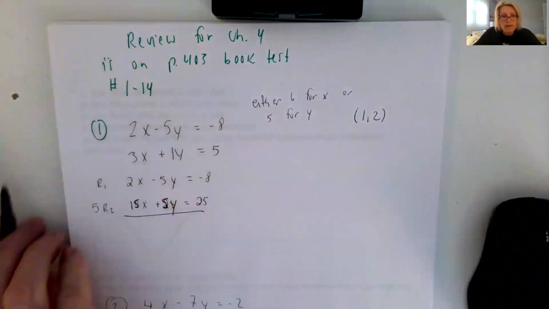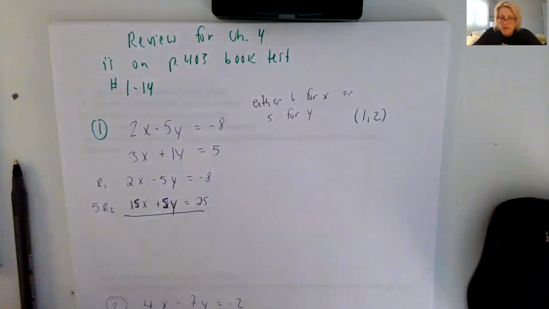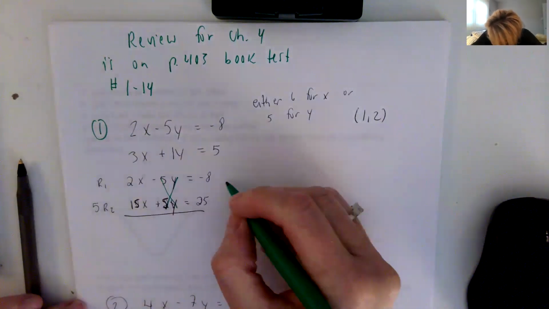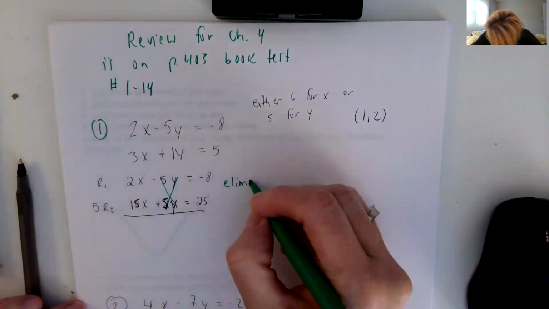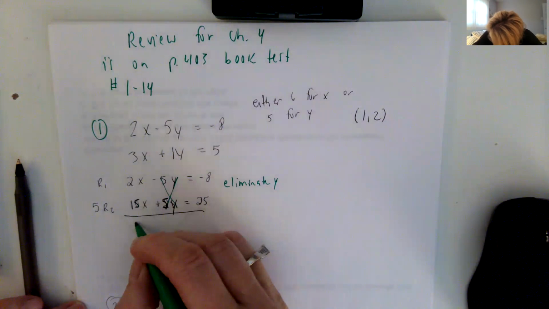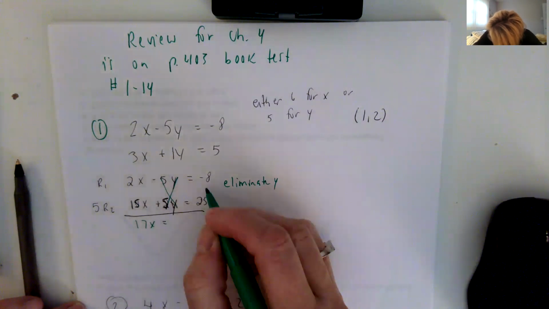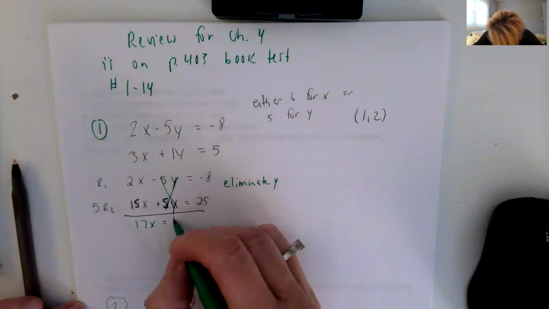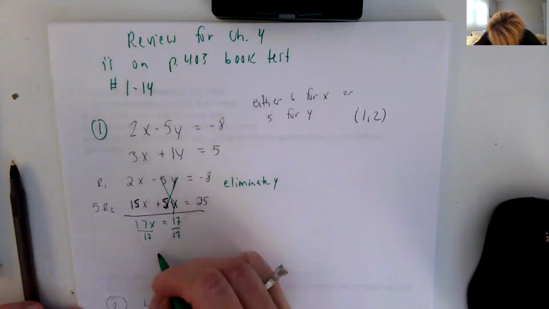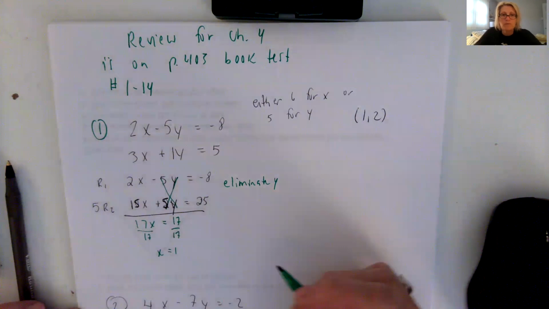When we add these, we do eliminate the y. I'm just going to write what we did, eliminate y. When we add these, we get 17x equals -8 plus 25, equals 17. When we divide by 17, we get x equals 1.